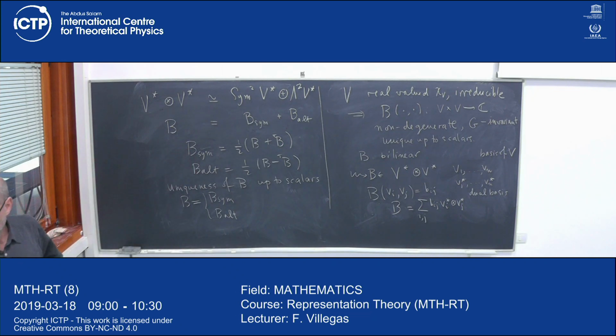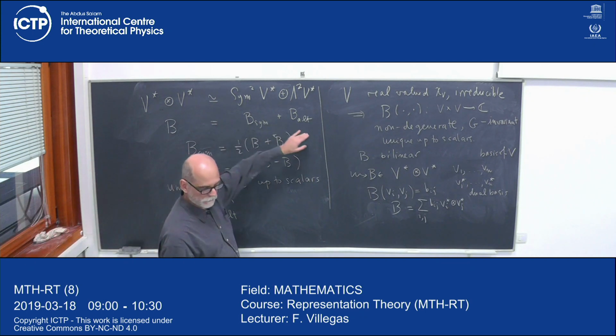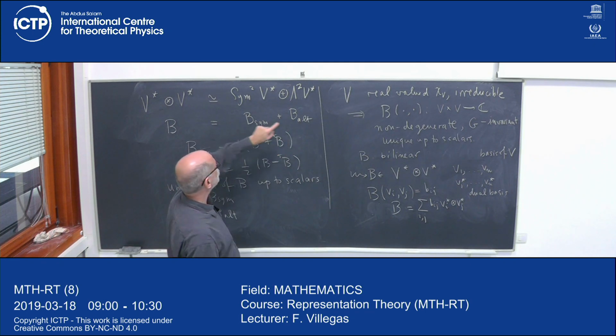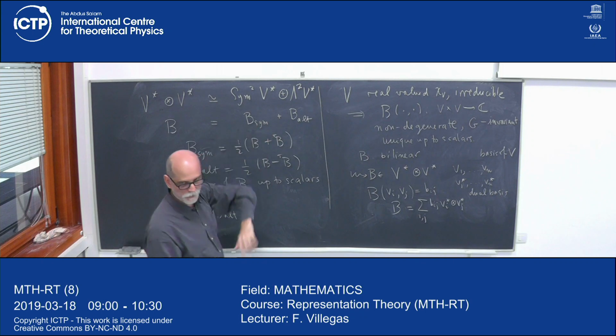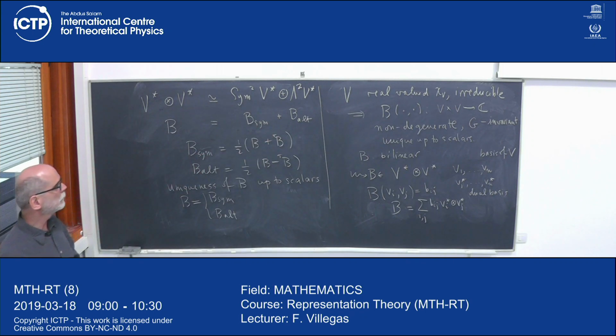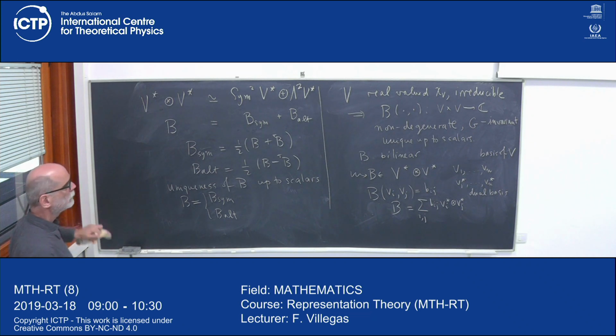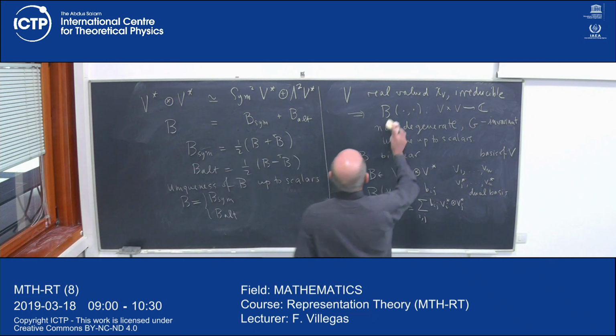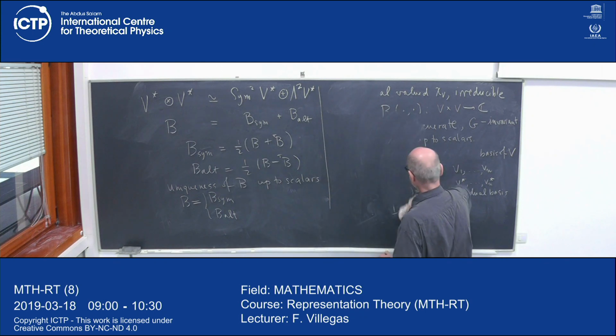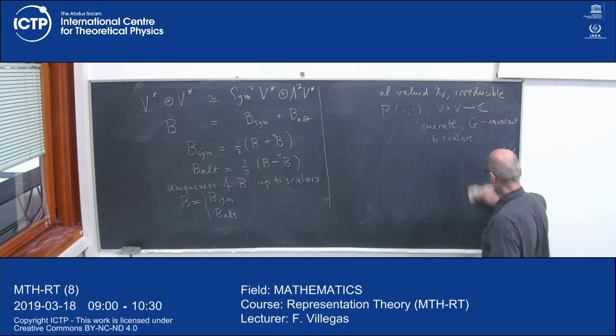In other words, B has to be either B symmetric or B alternating. It cannot have a piece in one and a piece in another. Is that clear? Because each one of its components is G invariant, and what we just argued before is that there's only one line of invariant bilinear forms. So here we have exactly this dichotomy.